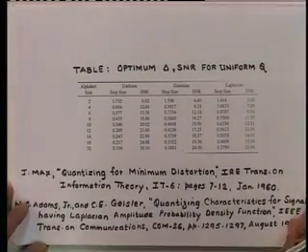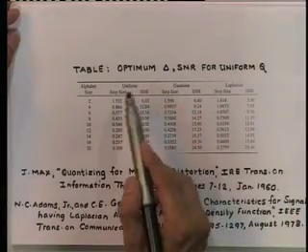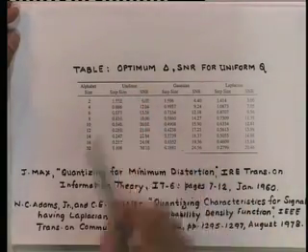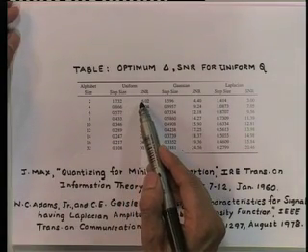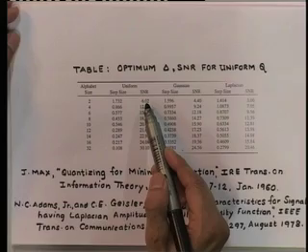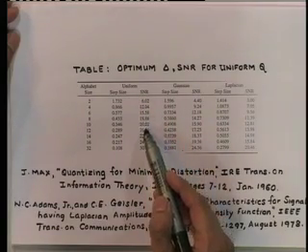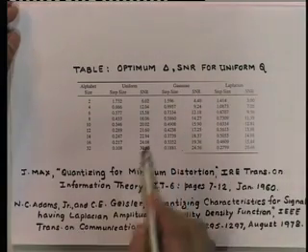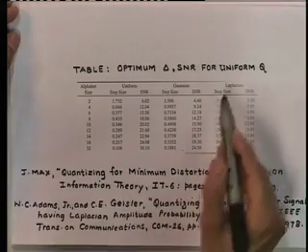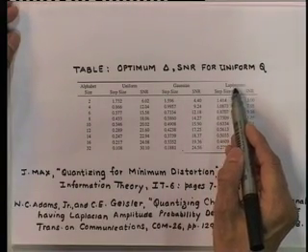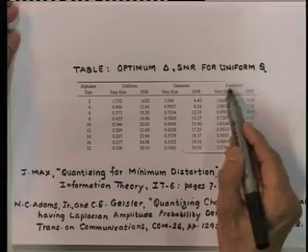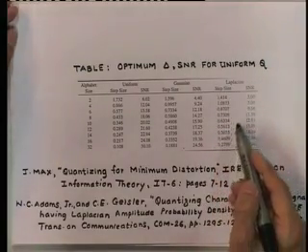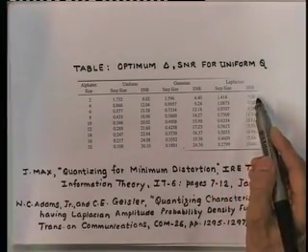Coming back to the earlier table, this table shows that although the SNR for the uniform PDF follows the rule of a 6.02 dB increase in the SNR for each additional bit, this is not true for the other PDFs. It is also evident from this table that the more peaked a PDF is, that is the further away from the uniform PDF it is, the more it seems to deviate from the 6.02 dB rule.